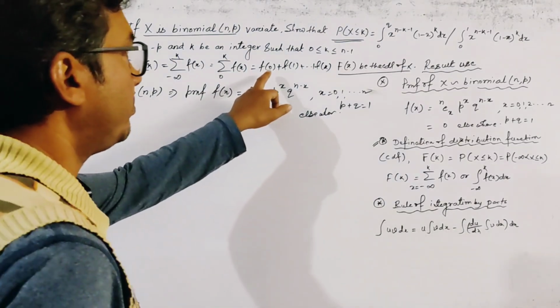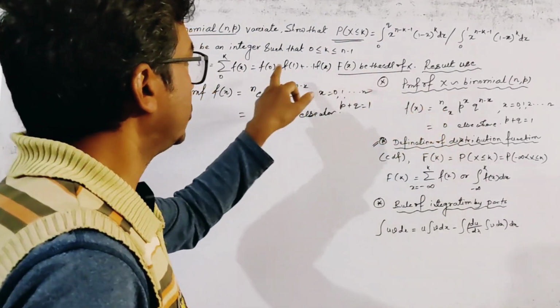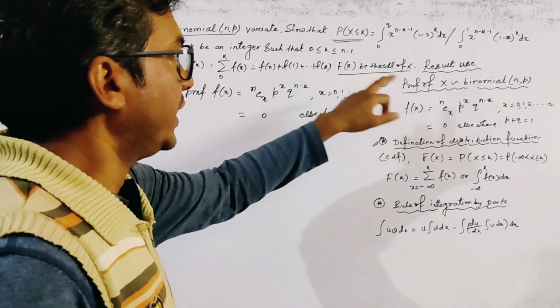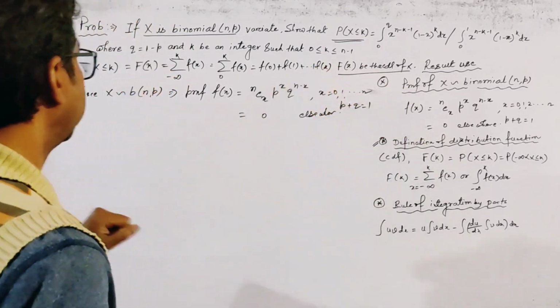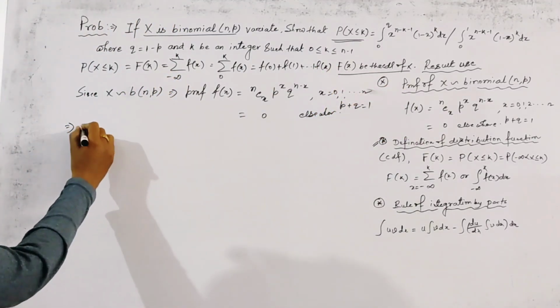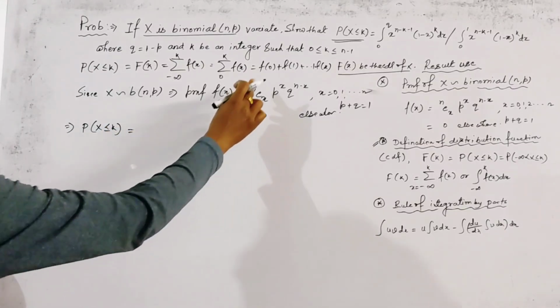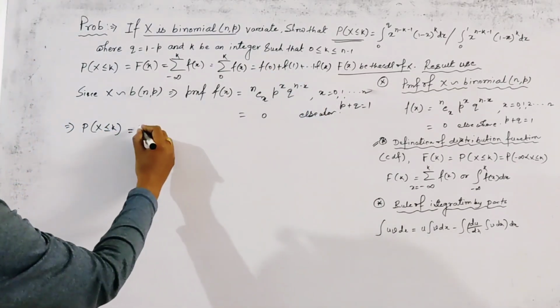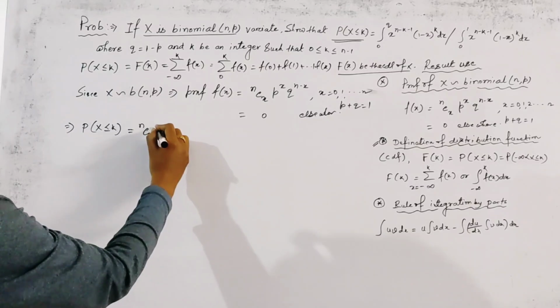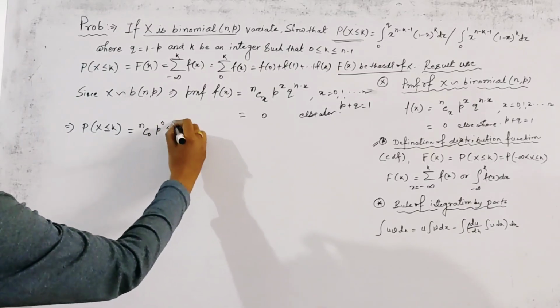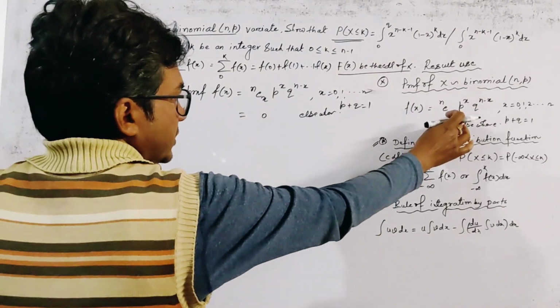Now putting the value of x equal to 0, x equal to 1, and x equal to k, we get the expression. P of X less than or equal to k: putting x equal to 0, we get nC0 p to the power 0 q to the power n. This is the first.